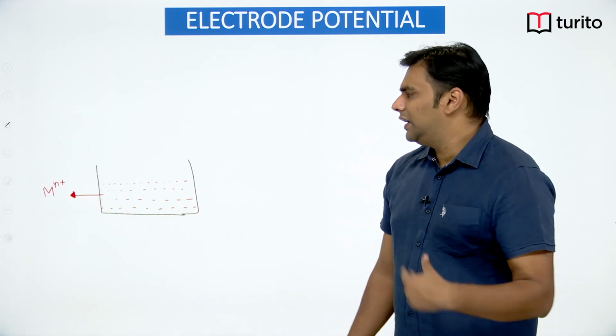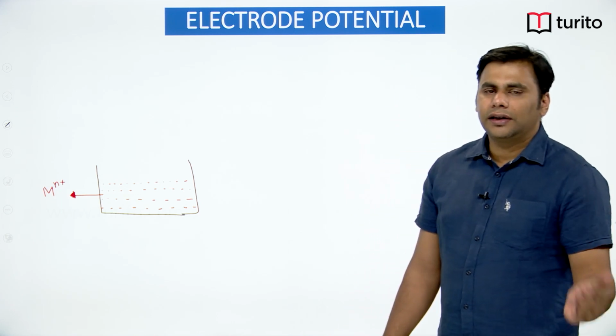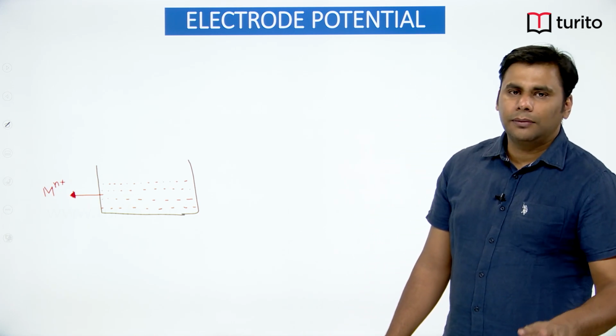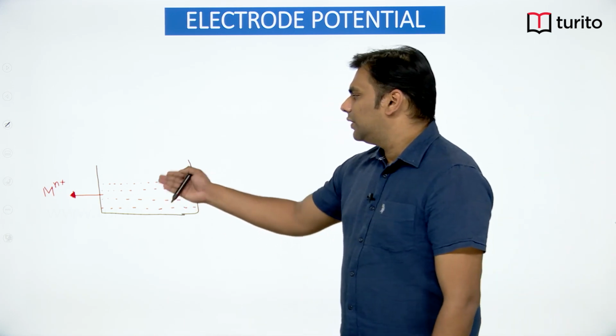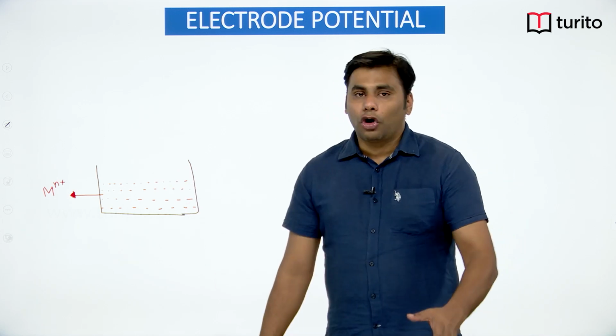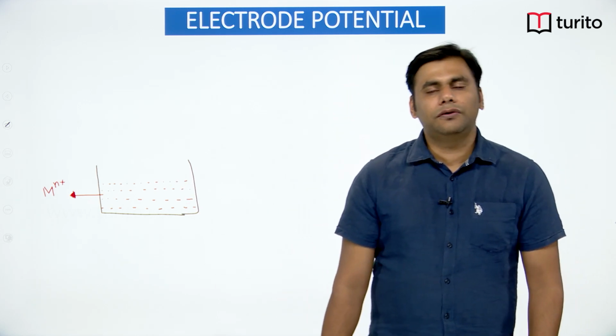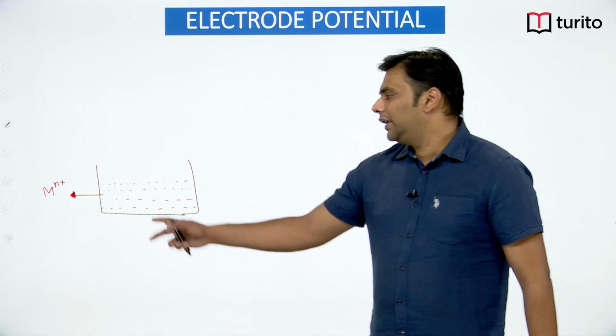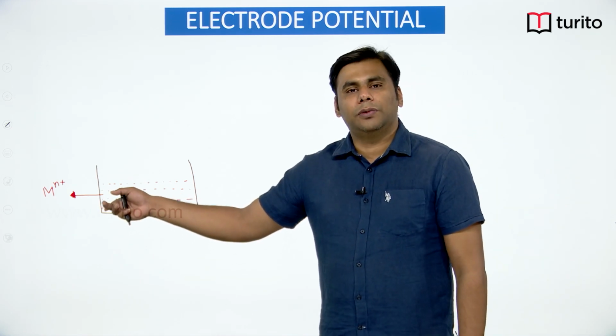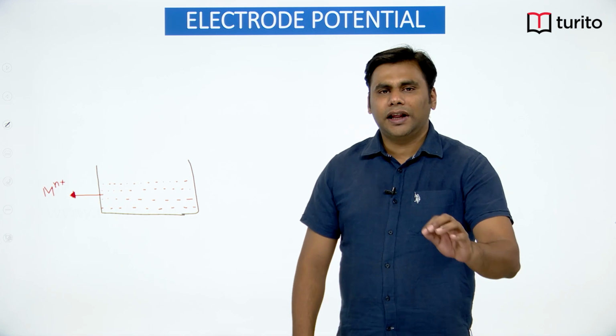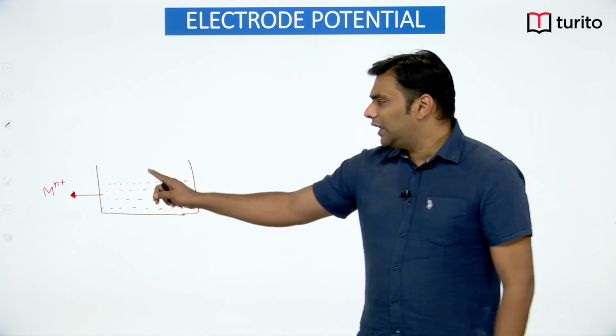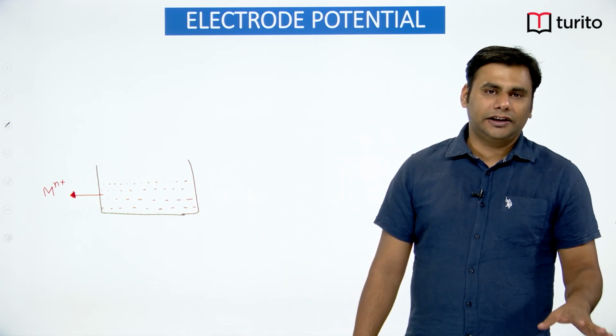That means we have dissolved some electrolyte in that solution which will give us the metal ion. Suppose we wanted to have, say, copper 2+ in the solution. So we'll dissolve copper sulfate in water, so we'll have copper 2+. The anion is also present, but I'm just denoting here the metal ion that is present.